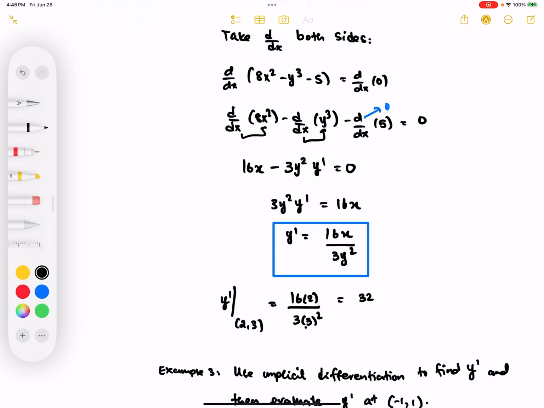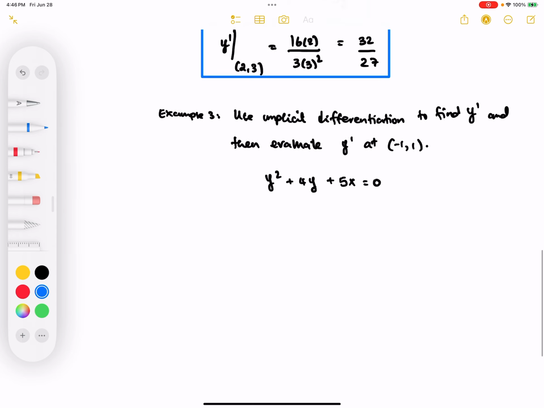This is 3 times 3 squared, which is 27. So this is the derivative at x equal to 2 and y equal to 3. So do you understand the implicit differentiation, especially when you take the derivative with respect to x of y?